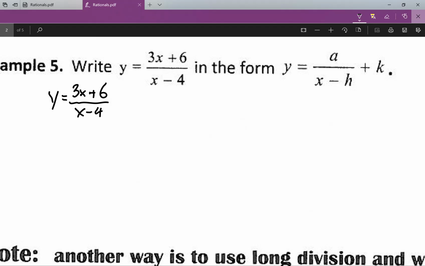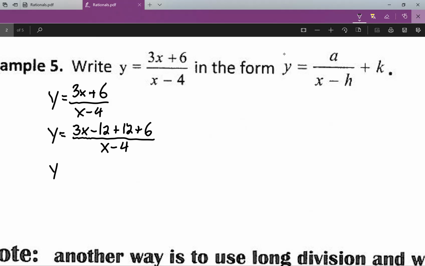Since I'm trying to match that x minus 4, I need to subtract something from the top to be able to get this 3x to the x minus 4. And if we think about it, 3 times negative 4 is negative 12. So we're going to go 3x minus 12 plus 6, and then again, this is all over the x minus 4.